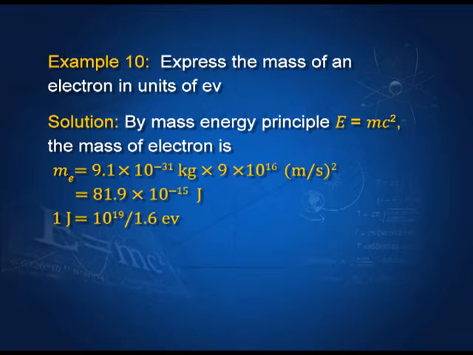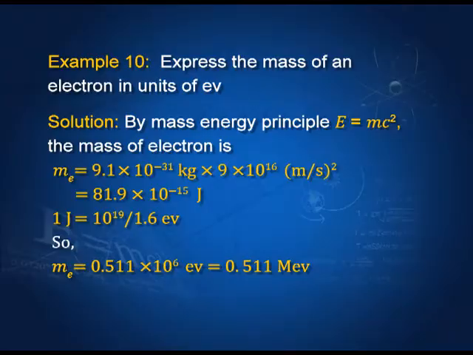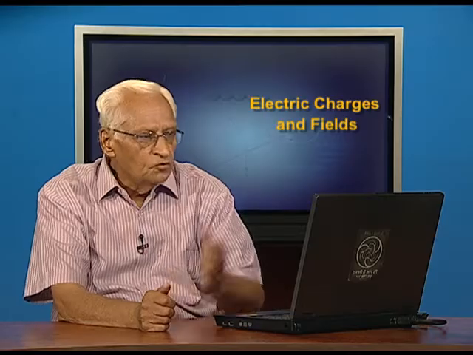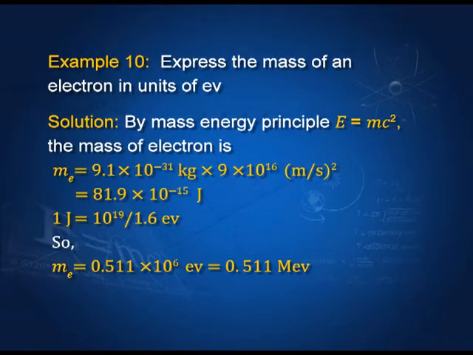This we can convert into electron volts, and we find that the mass of an electron in terms of electron volts is 0.511 MeV.